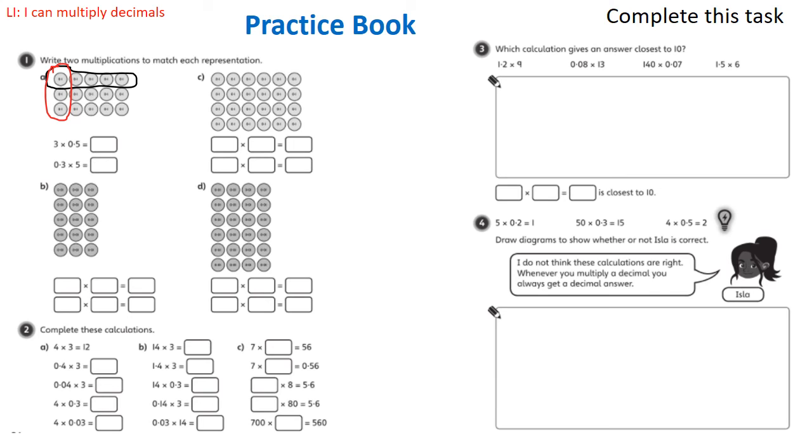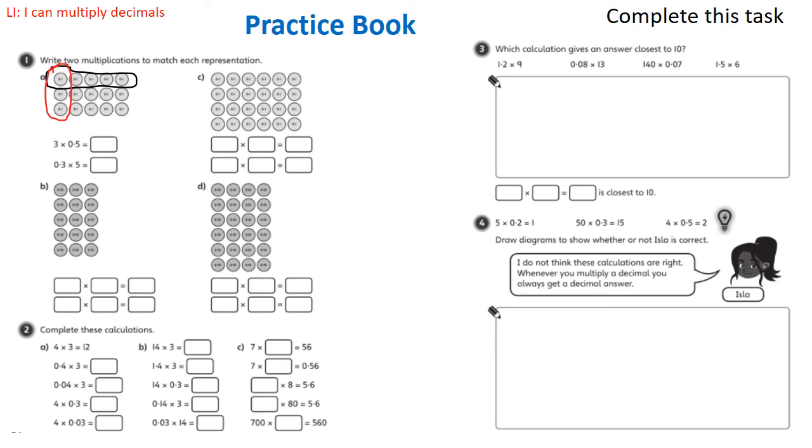So we can say 3 times 0.5. Alternatively, we could say that we have in the red circle 0.3 altogether. We've got 3 counters, so that equals 0.3, and we've got 5 columns, so 0.3 times 5.